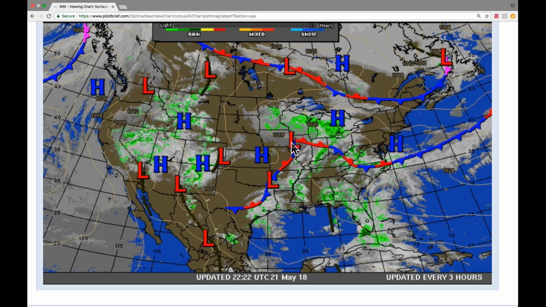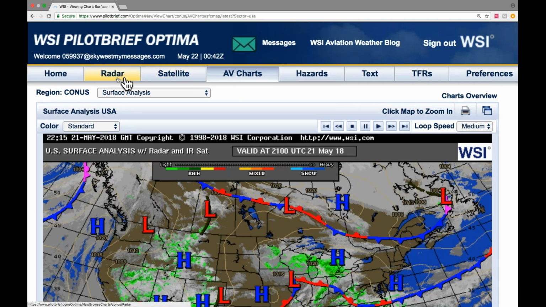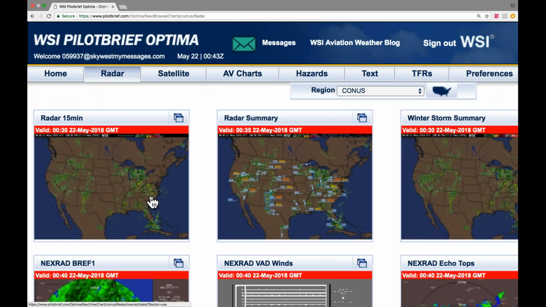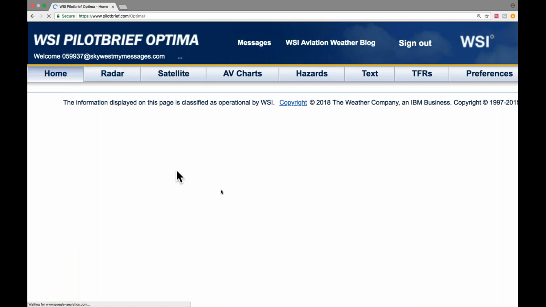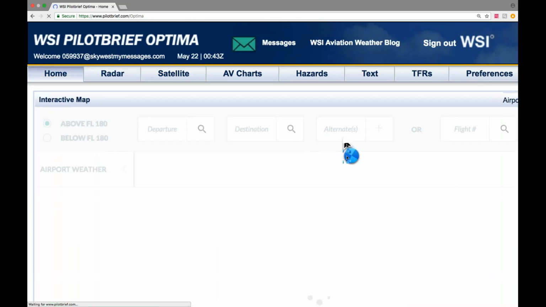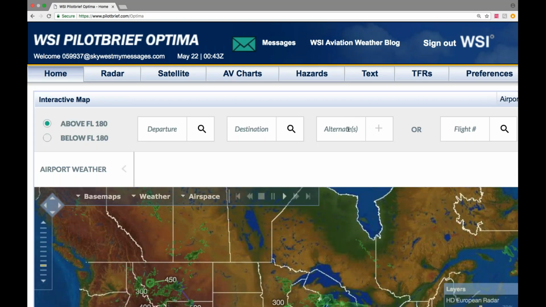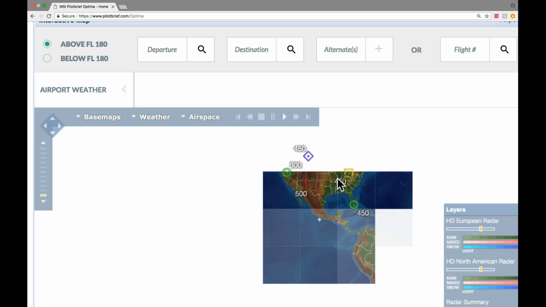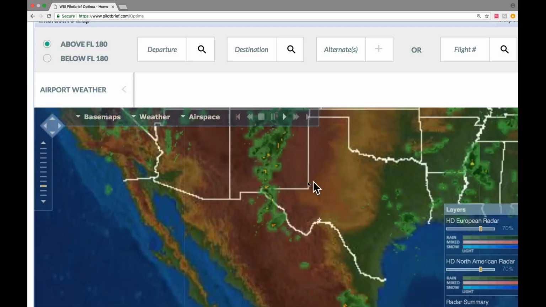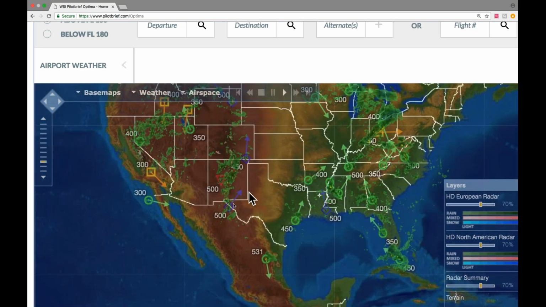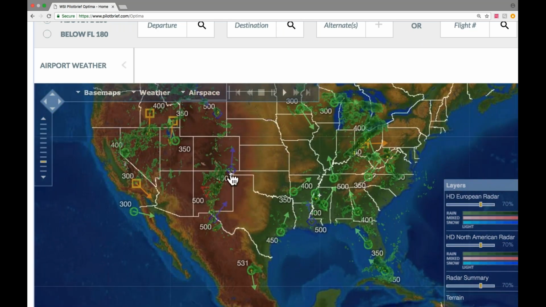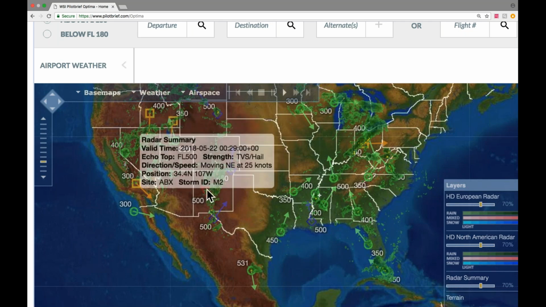But as it starts to build there, we start getting rotation. And when we look at the radar, you can see these areas where these frontal systems are converging, and we start getting, so this is hail, but you start getting rotation.